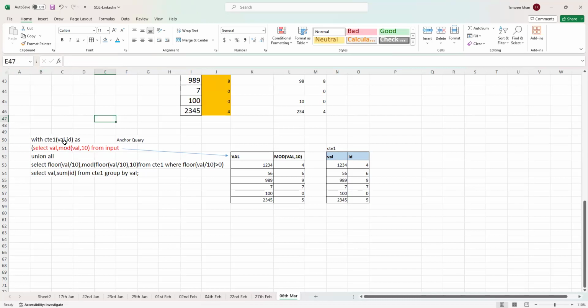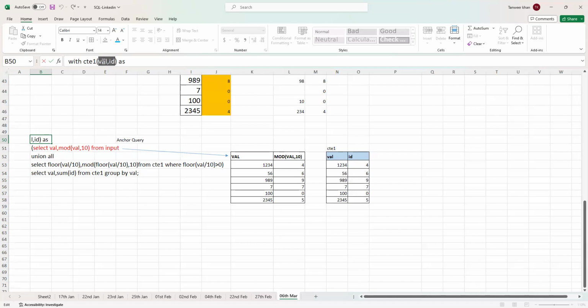Similarly, here the columns I have written, val, comma, ID, are purely your wish, ladies and gentlemen. You can write anything here. It doesn't have any relation with the columns of this input table. You have full freedom. You write anything. If you want, you can write your name here. I will show you that at the end of today's session.